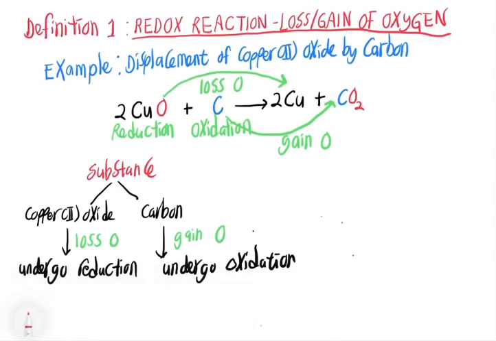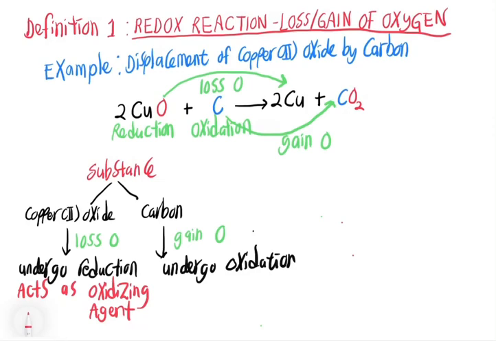Since copper(II) oxide undergoes reduction itself, and at the same time copper(II) oxide causes carbon to undergo oxidation, copper(II) oxide is said to act as an oxidizing agent because it causes the other reactant, which is carbon, to undergo oxidation.